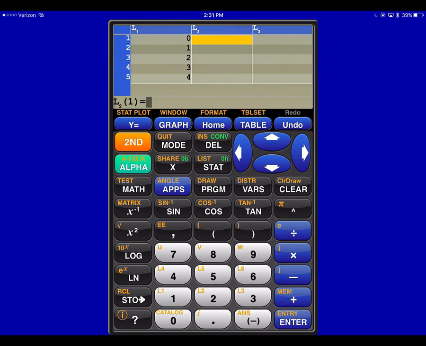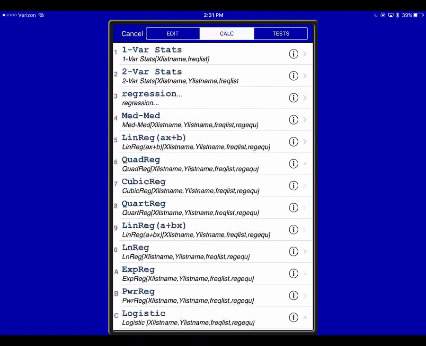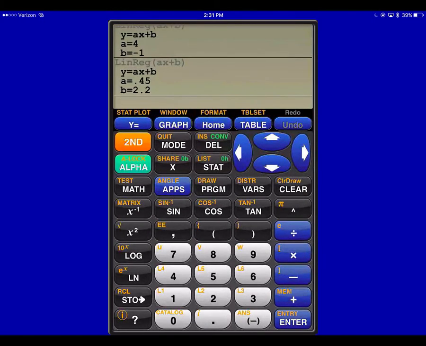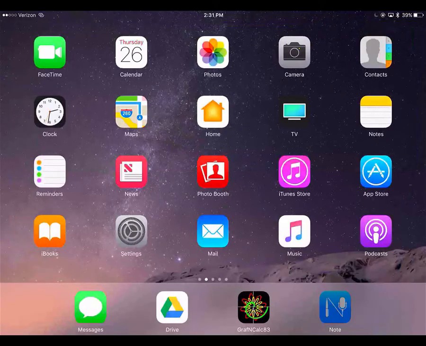And then for my y's, I put the weight in ounces, so 2.2, 2.65, 3.1, 3.55, and 4. I go stat calc 4, and they just asked for the rate of change, so that would be my a value, which is 0.45.